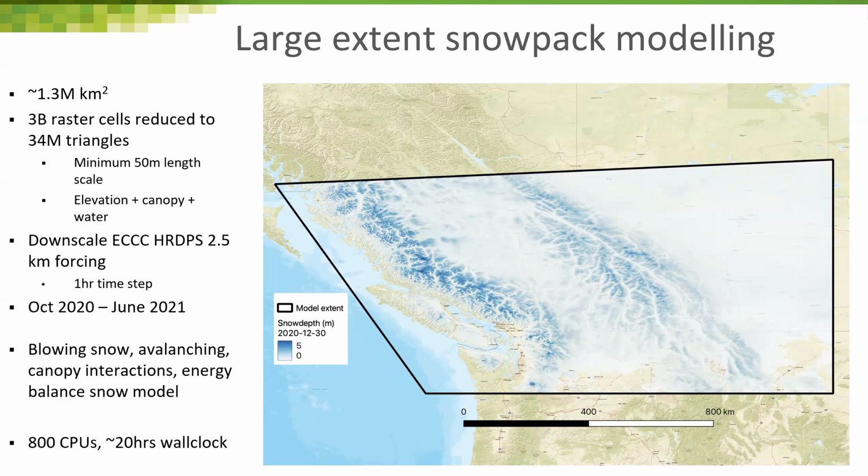I'm just showing my SnowCast domain as an example. This is a few 100,000 square kilometers. On the left is the domain shaded for elevation, and on the right is shaded for the domain's partition. So every color goes to its own computational process running on a node in one of our high-performance clusters. And these look like basins, but they're not.